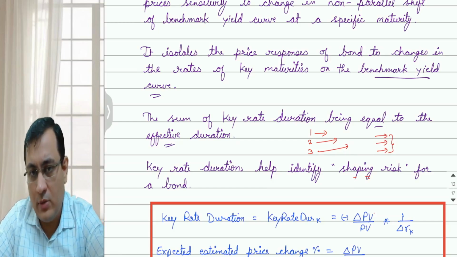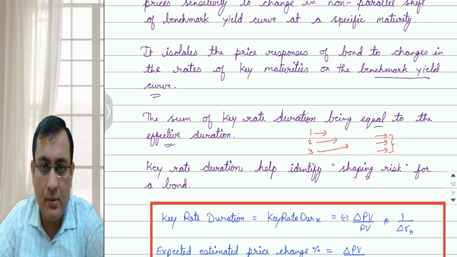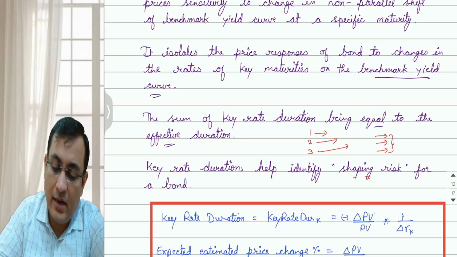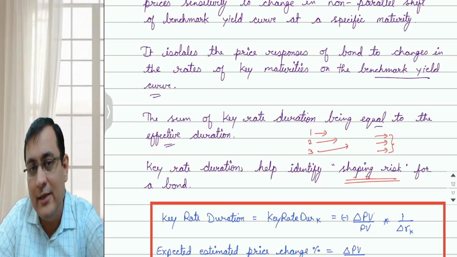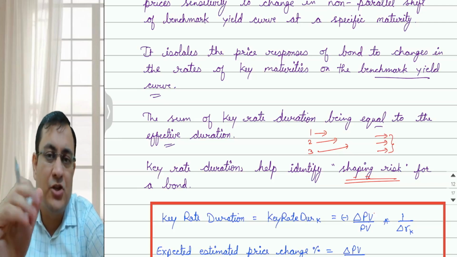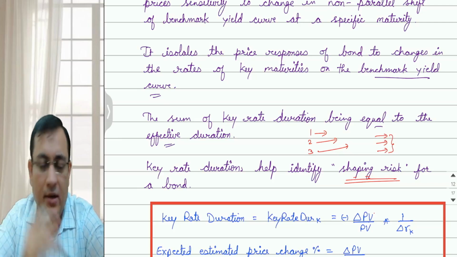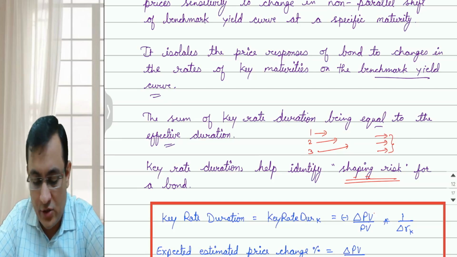How it is equal to the sum of the individual changes, we will check in the mathematical calculation. So key rate duration identifies the shaping risk, whether the bond's price yield curve is changing shape or not. If it is changing, it's better to use the key rate duration.